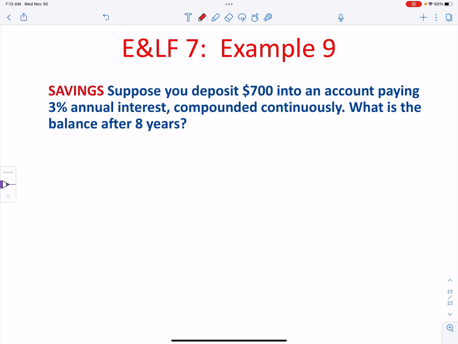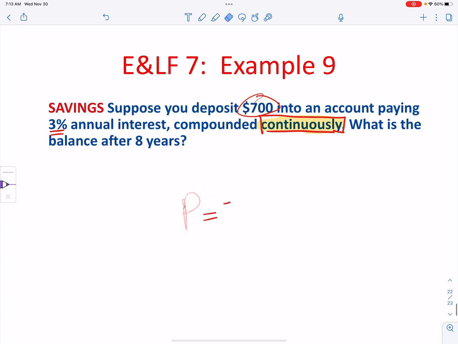So there's a couple just simple story problems on your homework tonight just so you can get used to this before we start the harder ones. So you deposit $700 in an account paying 3% compounded continuously. I will use this word. So if it's continuous, then you're going to say, oh, my amount, $700 in the bank, e to the 0.03 times 8.